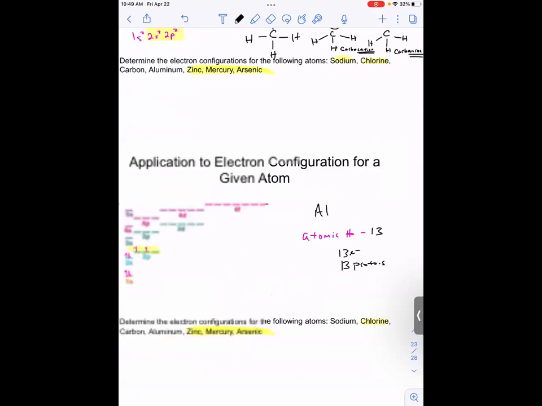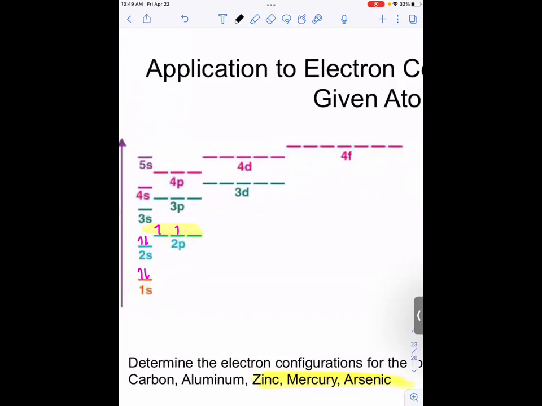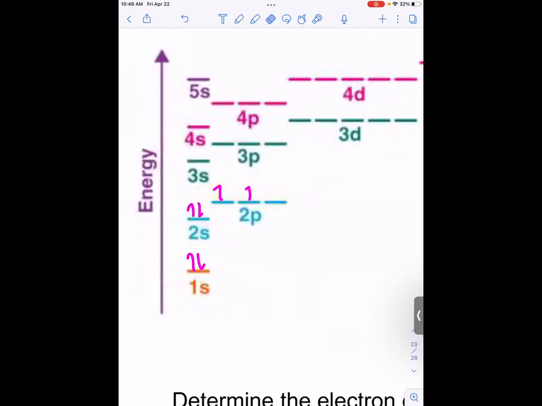It's not an ion, so the configuration is going to be based on those 13 electrons. So let's put those in. And if you notice, aluminum is group 3 on the periodic table. So what that means is that it's going to have 3 valence electrons.